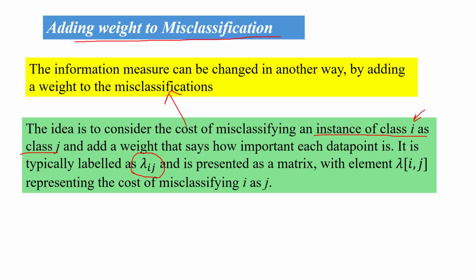An instance of class I classified as J has a weight attached to it as lambda ij. So we create a matrix where the ijth value of lambda represents the cost of misclassifying I as J.